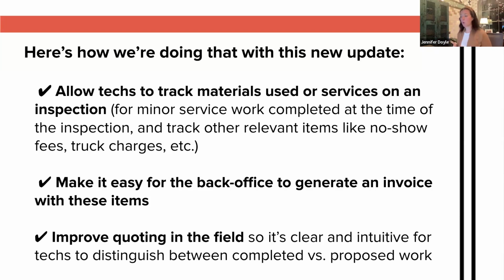It also improves the quoting that could happen in the field as well. So keeping in mind that proposal work, it's now going to be very easily distinguished both on the mobile side as well as on the office side, what has been completed versus what is proposed work for you.